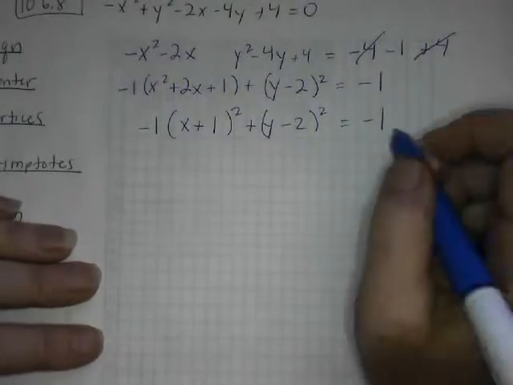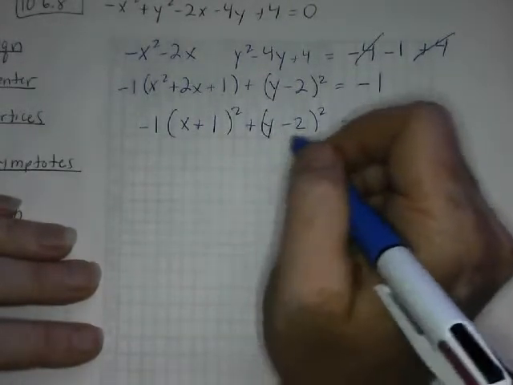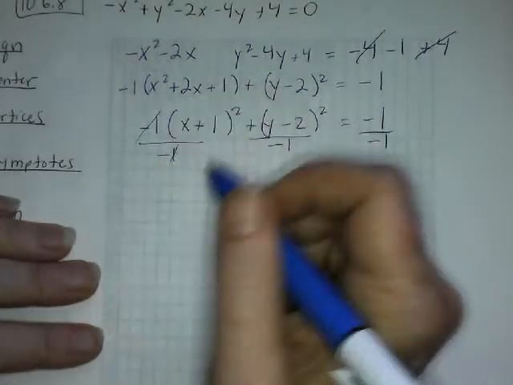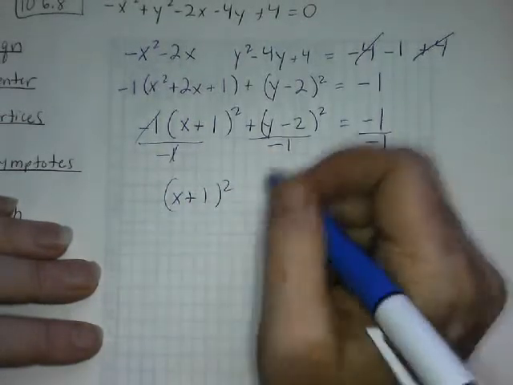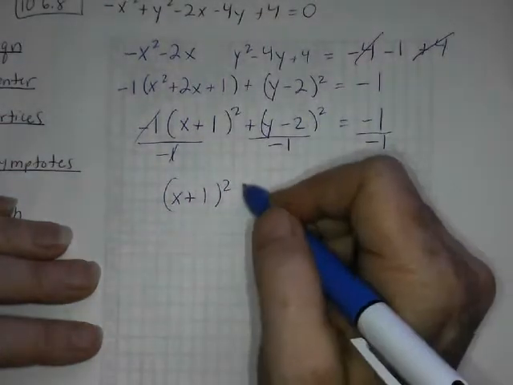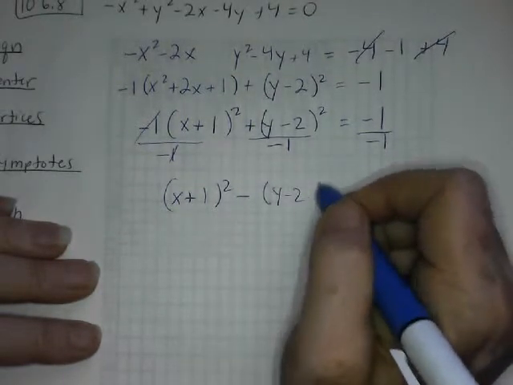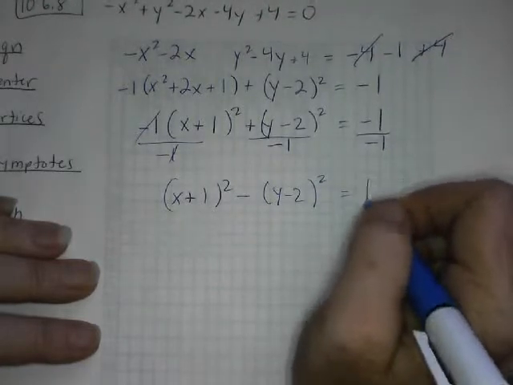Okay, now we're going to divide out the -1. Right, so you need to have a 1 right here. The -1 does go away, and now I've got x plus 1 all squared. This minus sign I can just show over here, and this will be y minus 2 all squared equals 1.